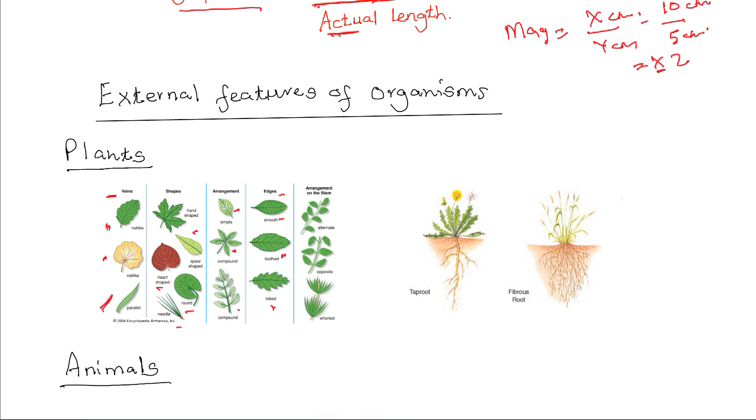And then arrangement on the stem can be alternate, opposite, or whorled. So these are some of the features that we use to classify plants. We can also look at the type of roots. It can either be a taproot, like in the dicotyledonous plants, or can be fibrous.